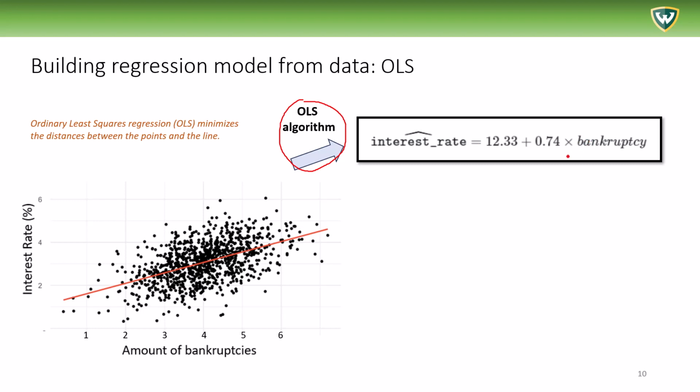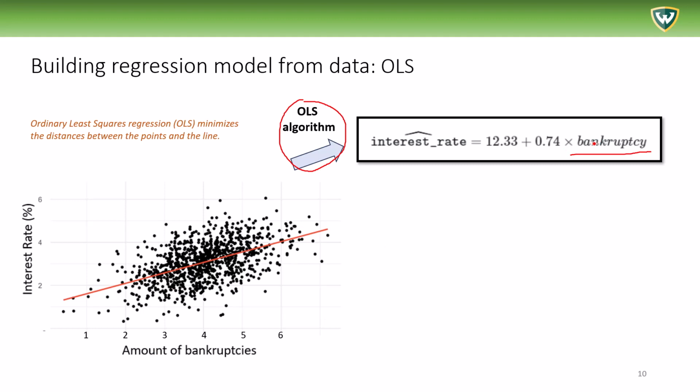And let's assume that bankruptcy is a numeric variable. So multiple people can have one bankruptcy, or two, or three, or four, or five, or six. And then the interest rate is in percent. I borrowed the other graph here and just plotted it for visualization. This is fictitious, made up just for us to understand the concept.